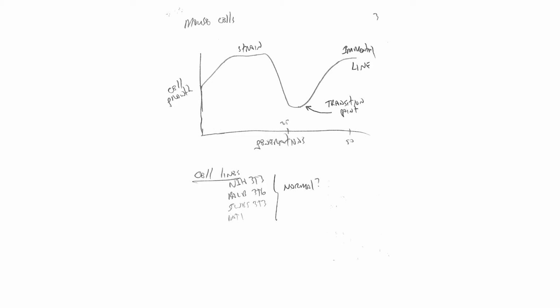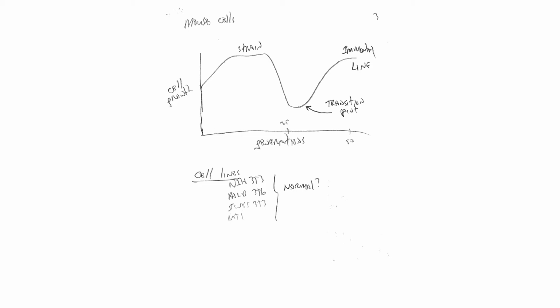And then at one point, which is called the transition point, a subpopulation in that culture starts to divide and starts to grow. Something changed, something happened. And then the cell growth picks up, and you can see it increases, and it becomes immortalized, and becomes what we call a cell line.